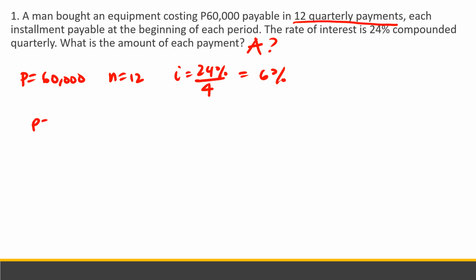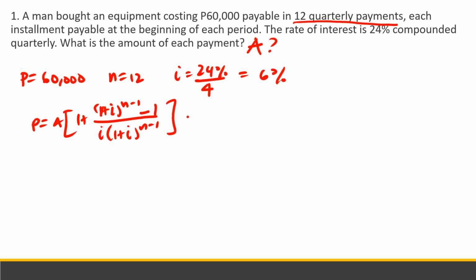So P is equal to, so yung formula natin, A times [(1 plus I) to the n minus 1 minus 1 over I times (1 plus I) to the n minus 1], or, I'm going to denote it as A times (1 plus the factor for n minus 1).